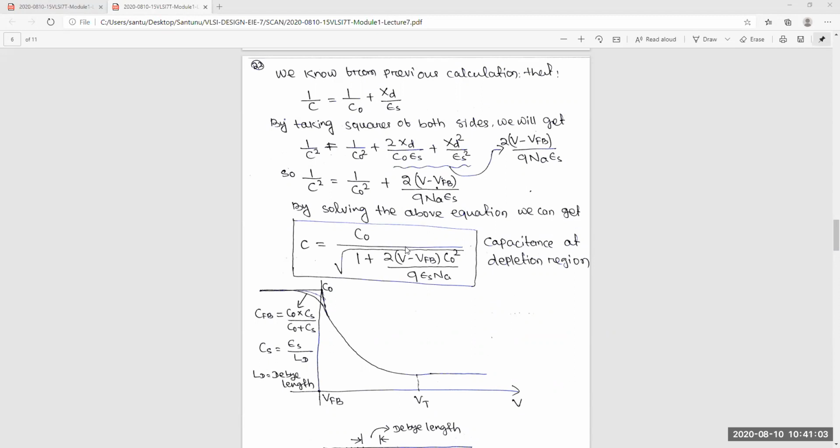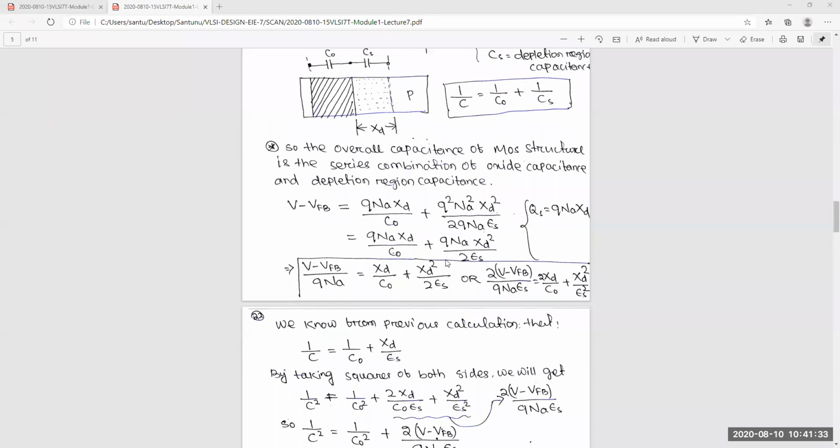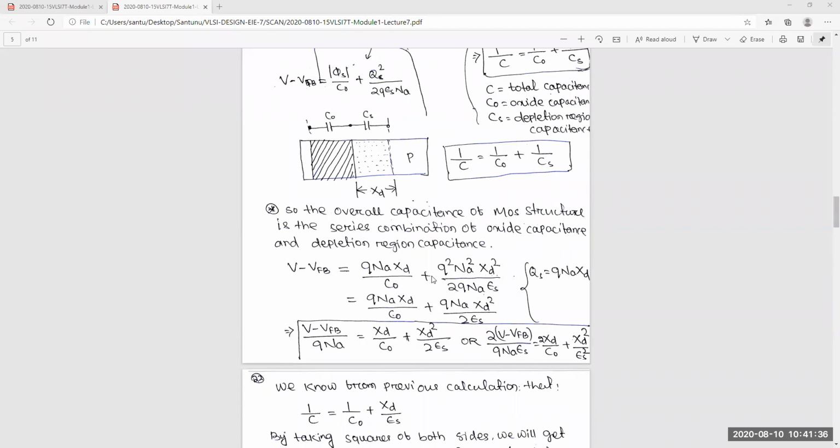In accumulation and inversion the curve is straightforward, but in depletion it is complicated, and we have discussed that as well. Finally, in the depletion region we formed an equation, which is the value of C. By putting in values, you can easily calculate the capacitance in that region. These equations are very simple; you can just simplify them. It is not a very difficult equation.